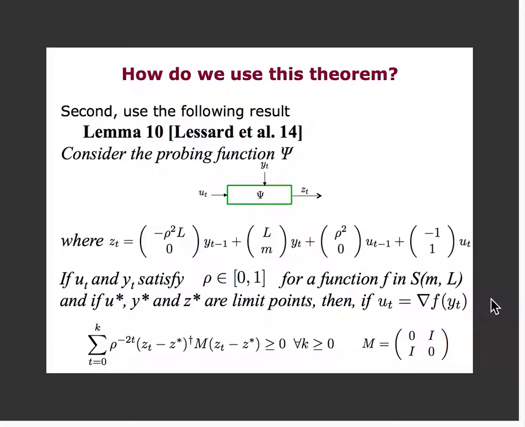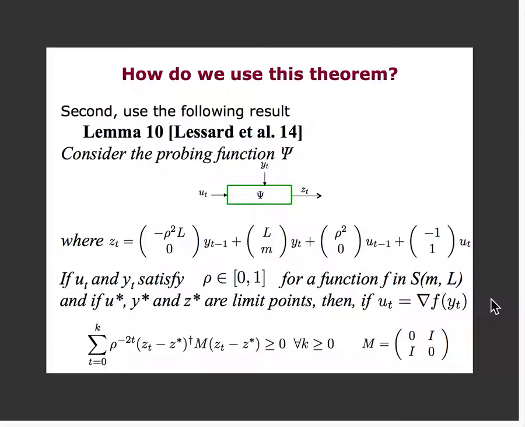So I'm told that if you choose this probing function, and if u is given by this nonlinear feedback, which is our situation, then this first condition holds if you choose M equal to the 0, 1, 1, 0 matrix. So we're going to go with this choice.